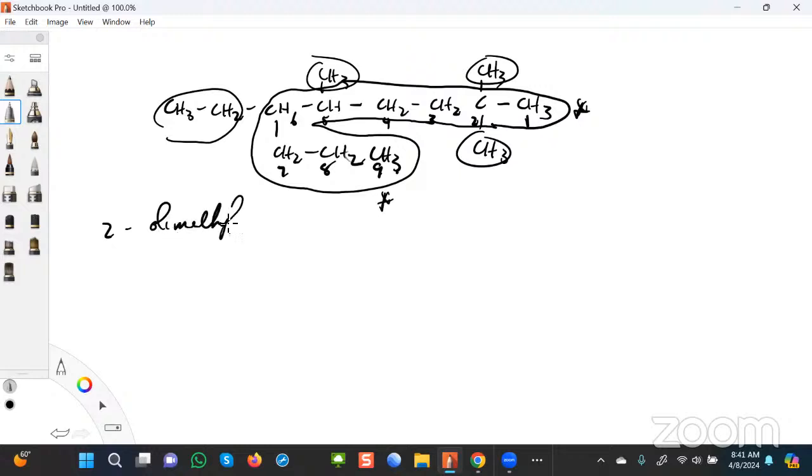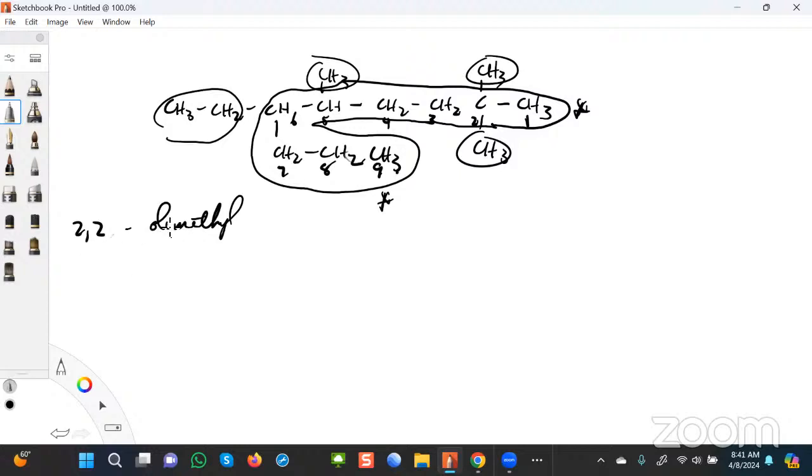And you're going to see something about how we name this when it comes to 2 identical groups on the same carbon. And then we have another methyl group. So basically, in the IUPAC system, what we need to do is indicate that there are 2 methyl groups on the same carbon. So we're going to put 2 and 2 here, right? We do that because both methyl groups are on the same carbon.